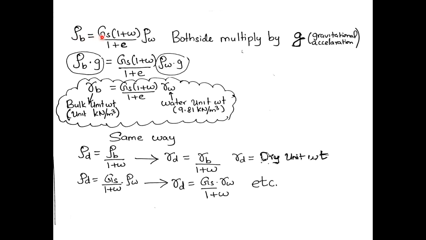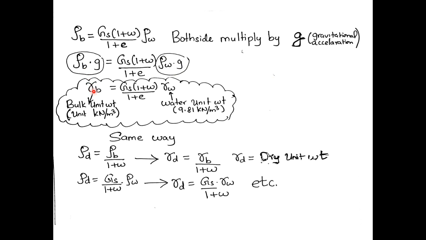Rho B is equal to Gs into 1 plus W into rho W over 1 plus e. Multiply both sides by g, gravitational acceleration. This is called gamma B, because gamma is equal to rho g.